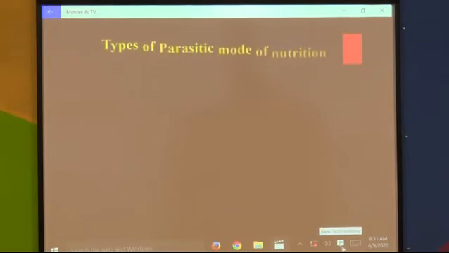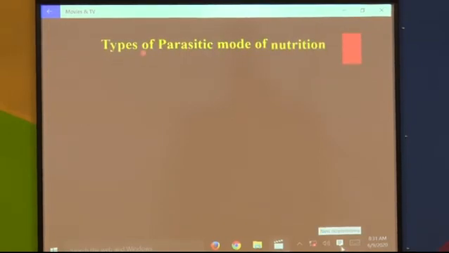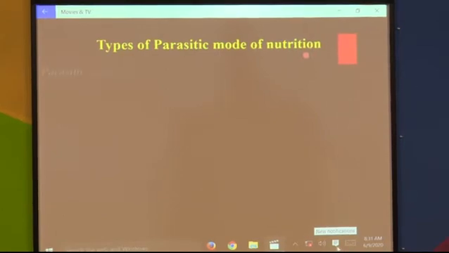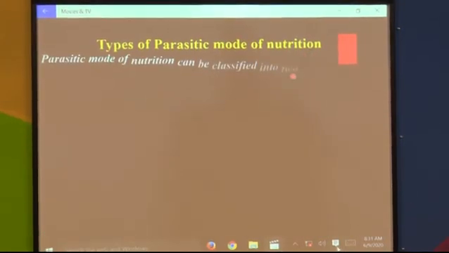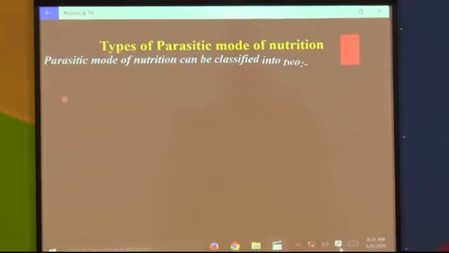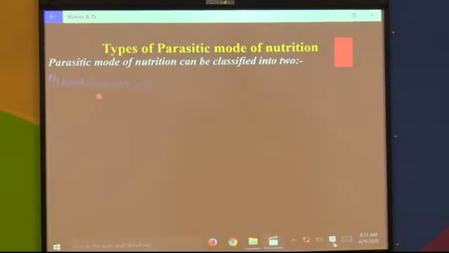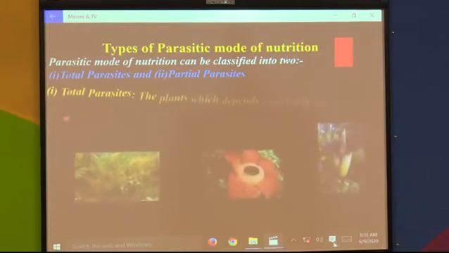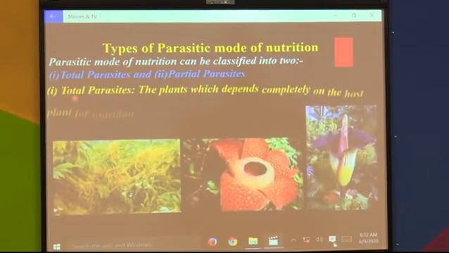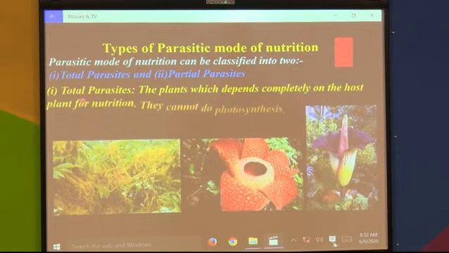So, there are types of parasitic mode of nutrition. Again, there are 2 types. First type is total parasites, and second is partial parasites. From their names you can understand. So, let us discuss one by one.